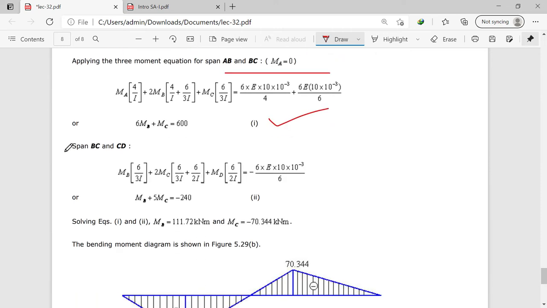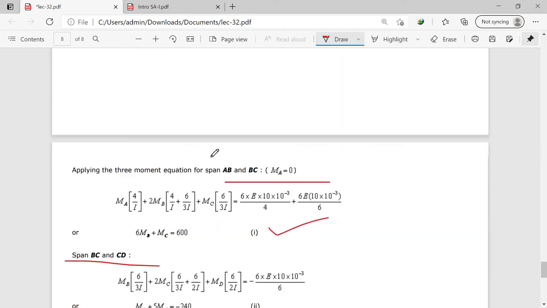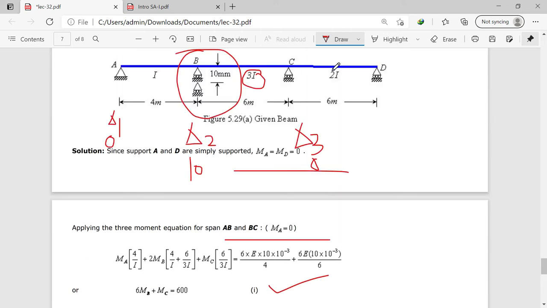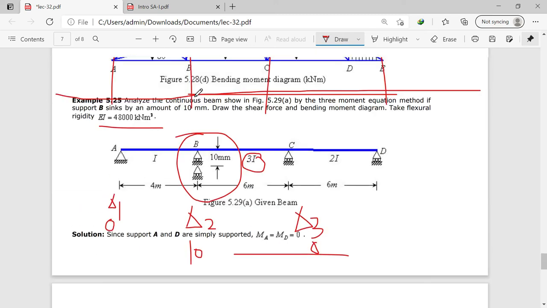Now apply the Clapeyron three moment theorem for the span BC and CD. When we apply the three moment theorem for BC and CD, this will become delta 1, this will become delta 2, and this will become delta 3.